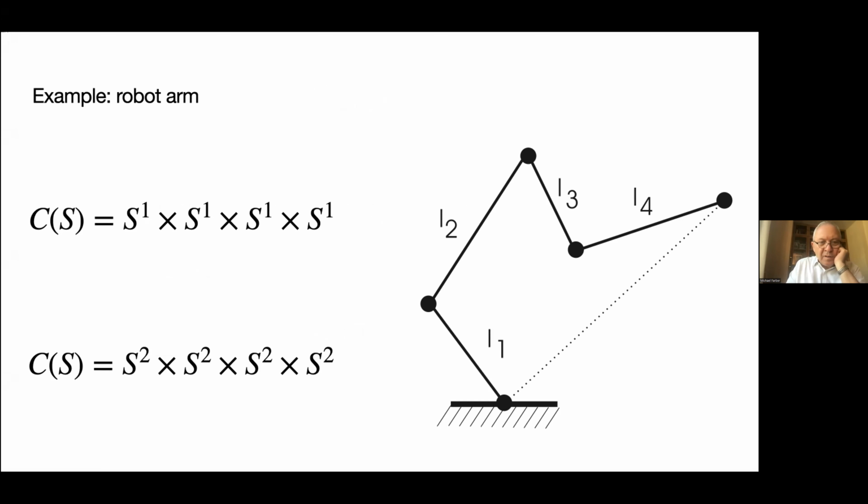The configuration space is a torus of dimension 4 in case the robot arm is planar. But if it is in 3-space and each bar can take any 2-dimensional angle, then it is a product of 4 2-dimensional spheres. And in fact, there are mathematical theorems, called universality theorems, which state that essentially any manifold can be realized as the configuration space of some simple system.